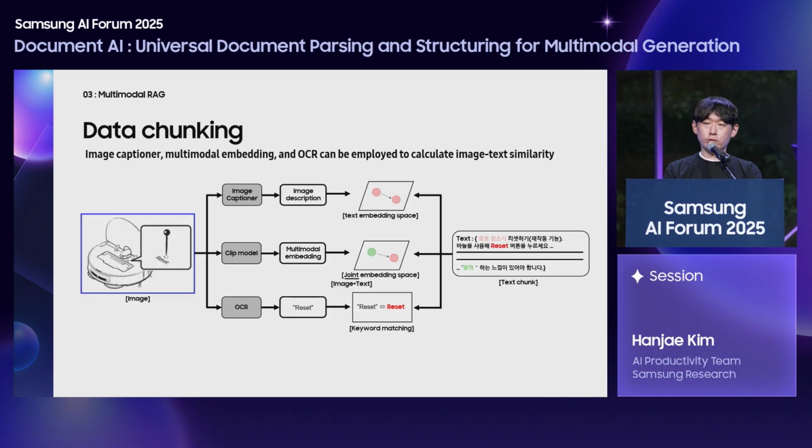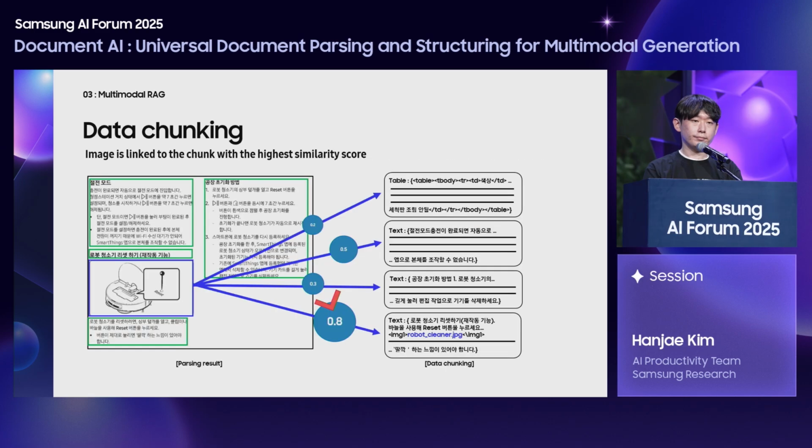Typically, the relevance between the image and the text chunk is measured by similarity. There are several ways to make the determination: using multimodal embedding, projecting both into a joint embedding space, and then measuring the distance between the embeddings. That could be one way. Or using captioning or OCR-extracted information from the image to generate a text embedding and then measuring similarity between text embeddings.